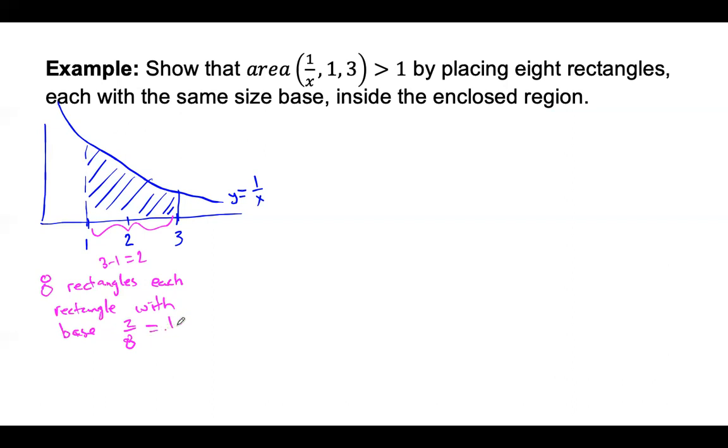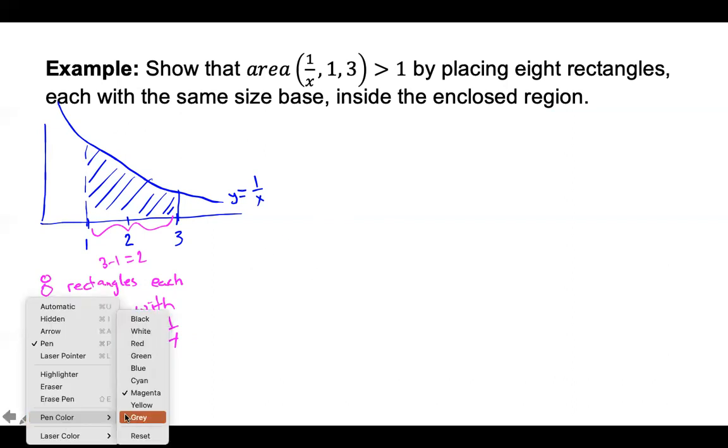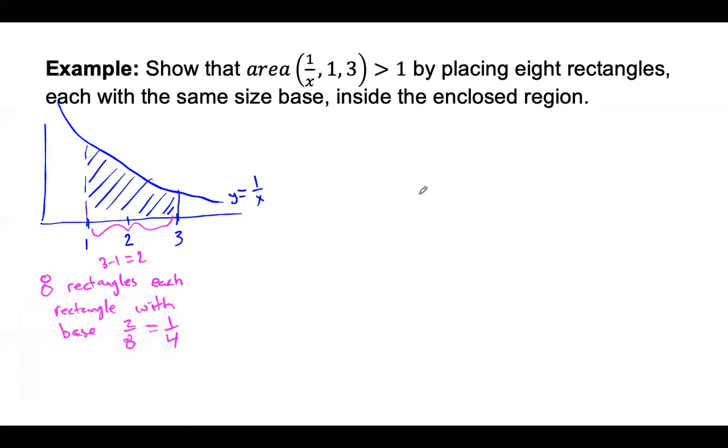It's going to be 1/4. It's going to be the base. So we can draw another picture. We have to take our time to draw this as nicely as possible. So we find the areas of the rectangles.